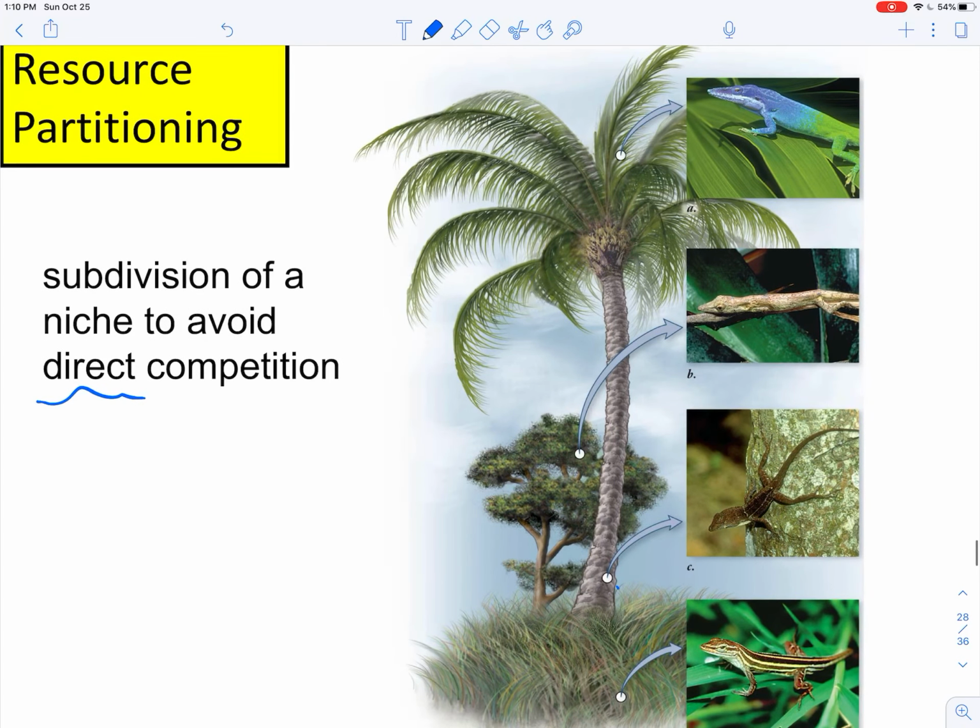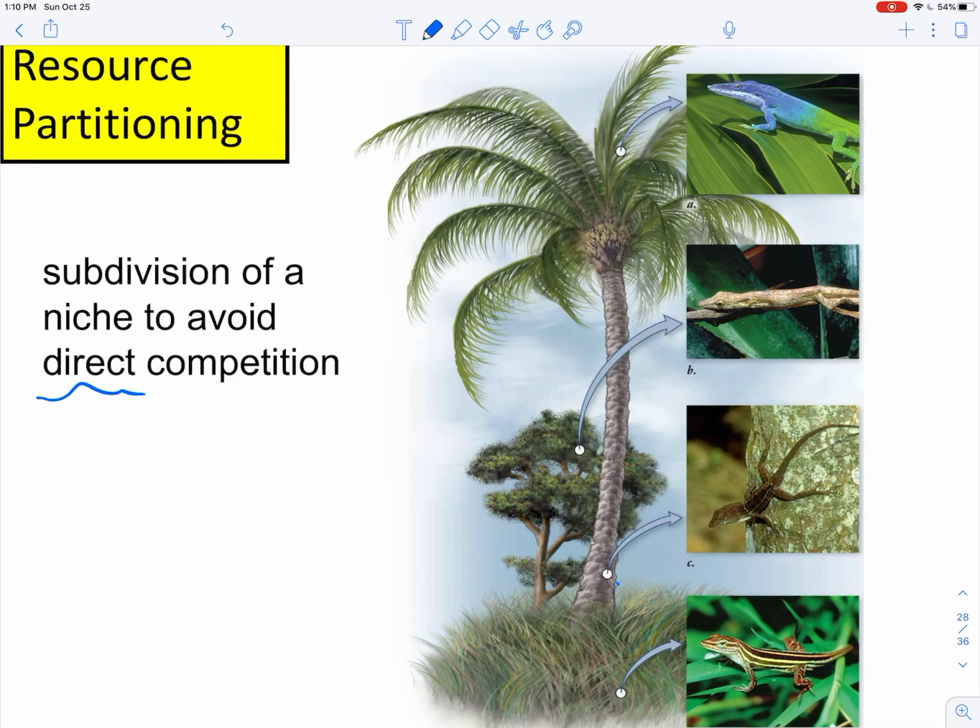These are Caribbean lizards that live on Caribbean islands, and it's likely that they shared a common ancestor. As populations started to increase over time, food may have become limited, and they then subdivided their niche to avoid competition for these food resources, becoming more specialized in the way that they're using their environment.